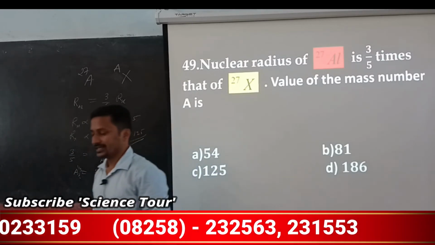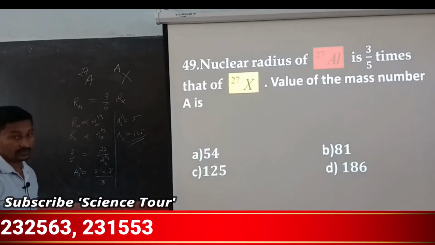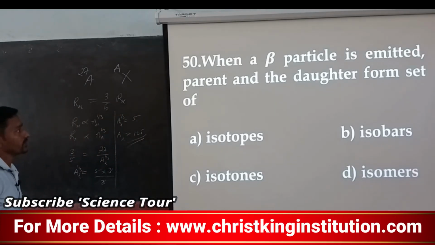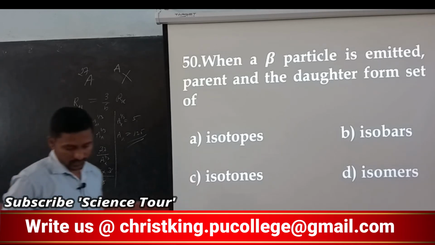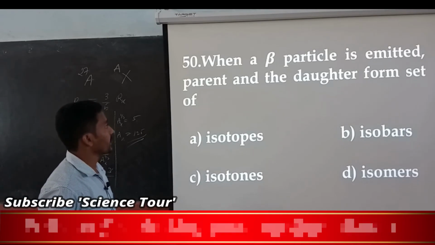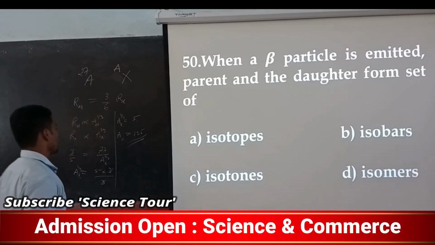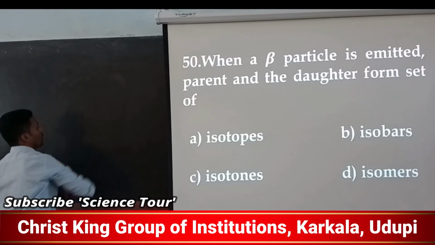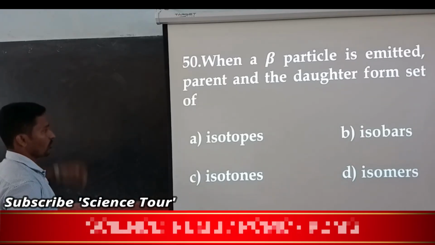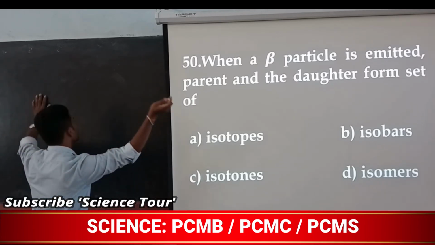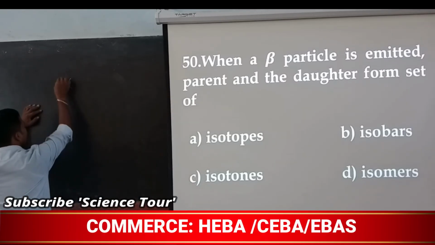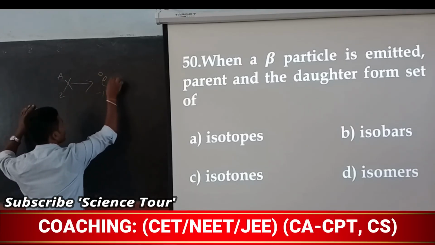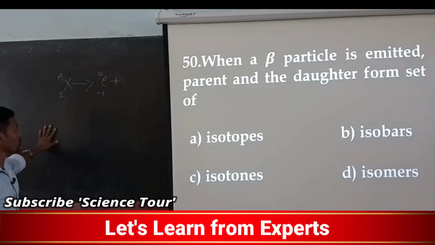Very easy. The same thing we have done in the previous questions, I think. Now next, at the last, we are going to talk about when a beta particle is emitted. When a beta particle is emitted, parent and daughter form. We already know that, isn't it? So let's see what is going to happen when a beta particle is emitted. Now the parent nucleus has Z and A. It emits a beta particle, which is -1 and 0. Now you are going to get the daughter nucleus.